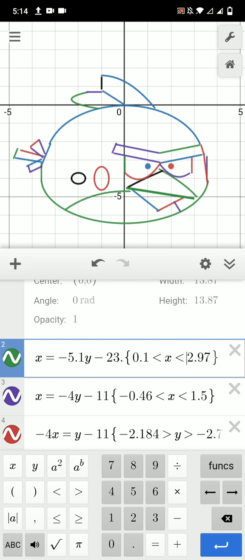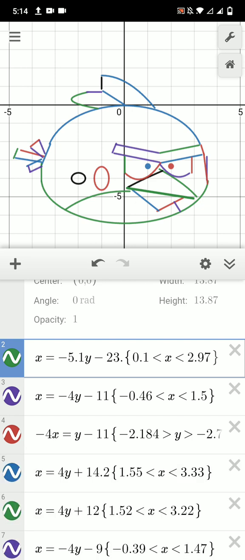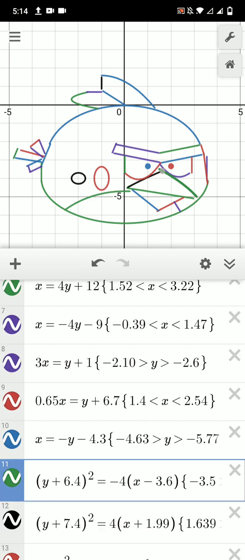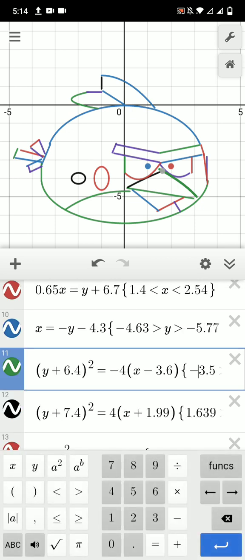This part is connected with this function, (y + 6.4)^2 = -4(x - 3.6), with the domain of y less than -3.5 and greater than -5. This is actually a parabola.